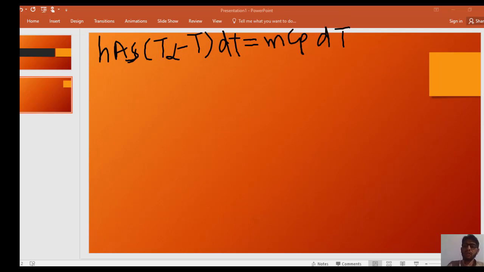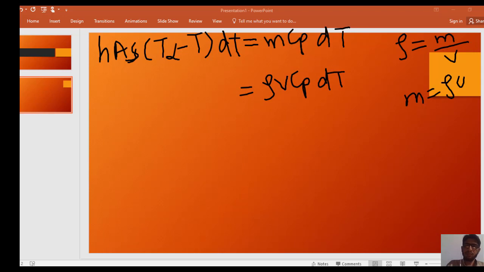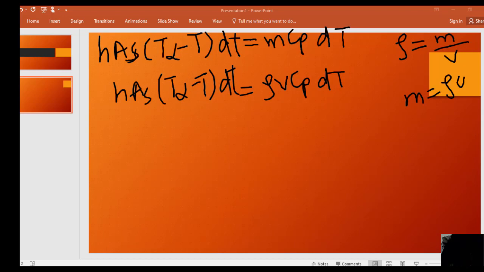Now we know that density of the material is equal to mass divided by volume, or mass is equal to density times volume. So we can also write rho times the volume of the sphere times the specific heat times the temperature change dT, which is equal to h AS (T infinity minus T) dt. This is time and this is the temperature.